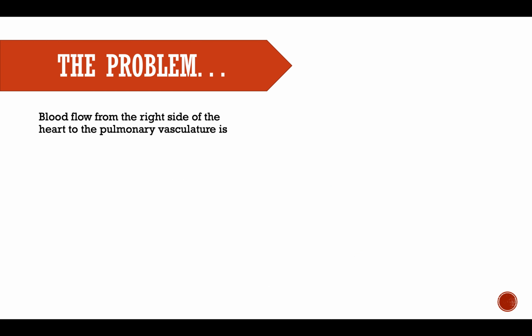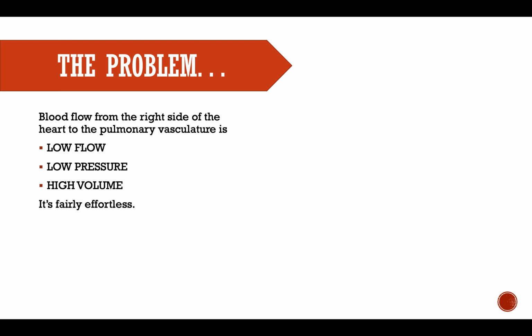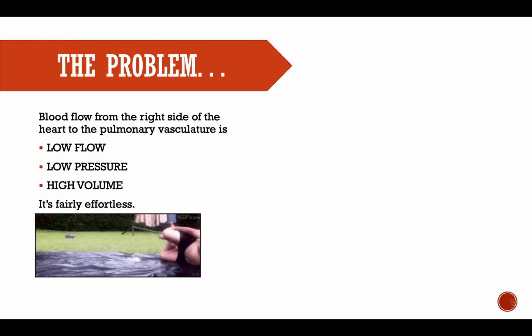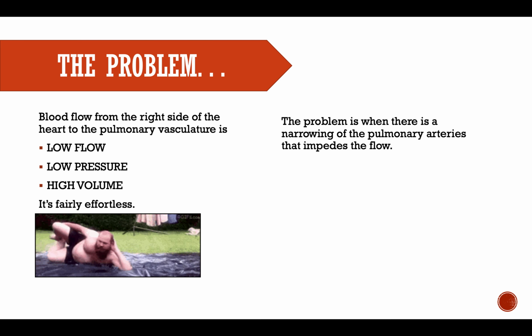So what is the problem? Normally blood flow from the right side of the heart to the pulmonary arteries is low flow, low pressure, and high volume. It's a fairly effortless process and effortlessly goes through.